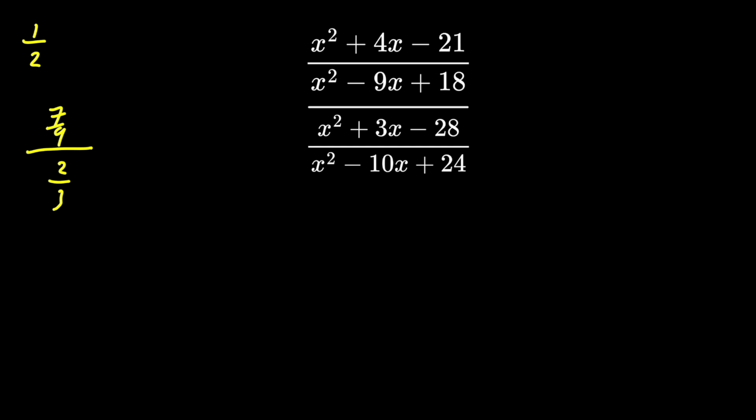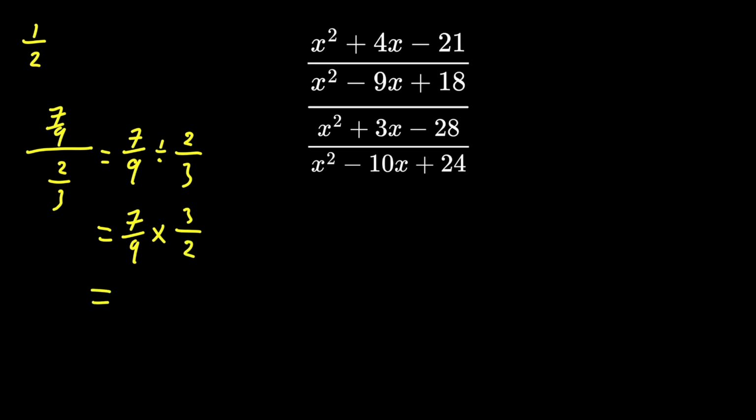So to simplify it, we can rewrite it as 7 over 9 divided by 2 over 3. And it's also equal to 7 over 9 times the reciprocal of the second fraction, which will be 3 over 2.